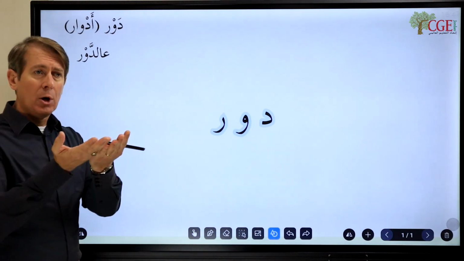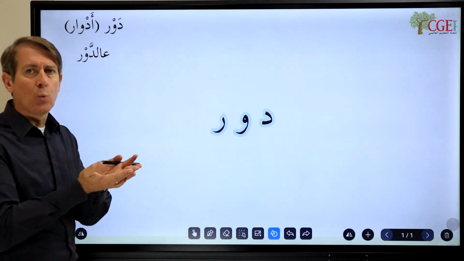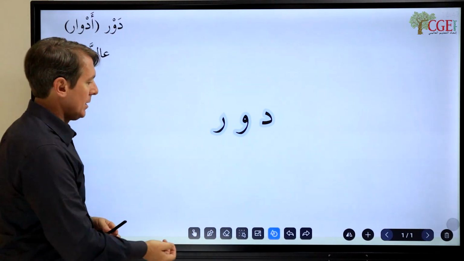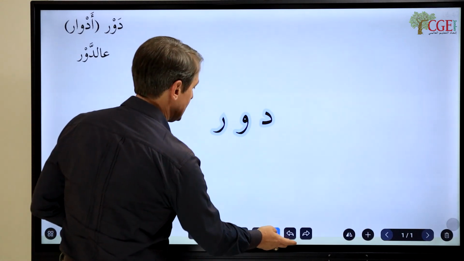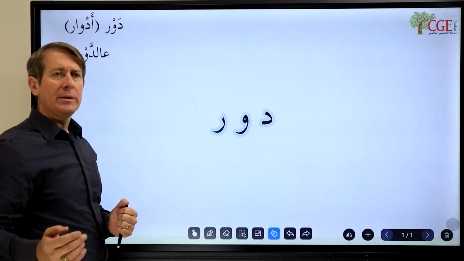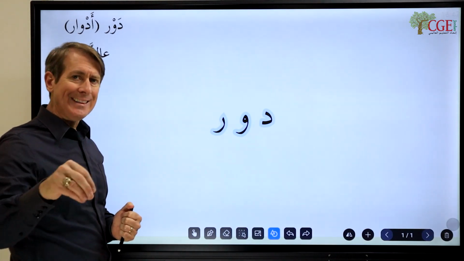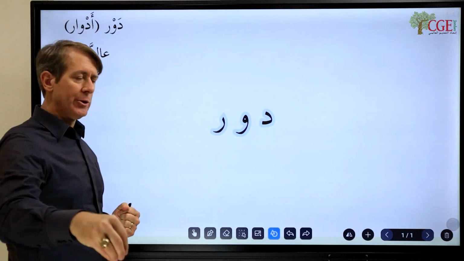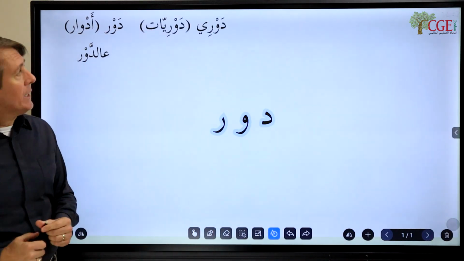It means on your turn, literally, but it means wait your turn. Ana bastenna dori, ador. And sometimes they might say, yani dalak bid-dor, it means stay in line, or stay waiting your turn, like that.